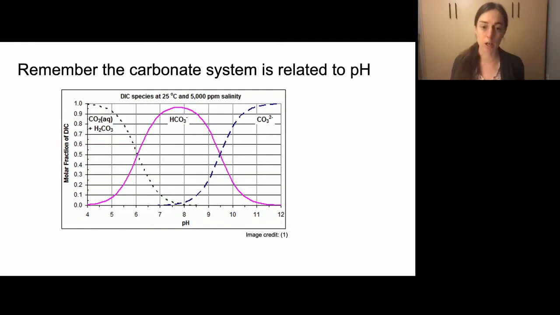So because these carbonate and bicarbonate species can accept hydrogen ions, they are affecting the total number of hydrogen ions in solution we have, which is the definition of pH. So if we have higher concentrations of bicarbonate and/or carbonate, we can buffer how many hydrogen ions we have in solution and be resistant to a change in pH.